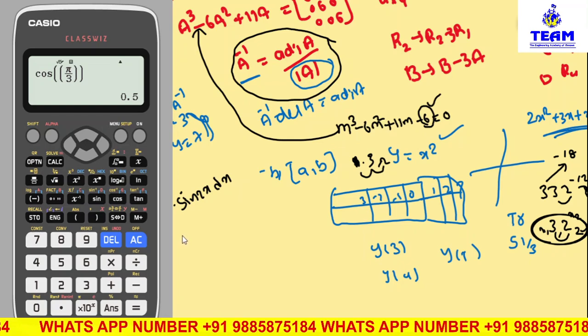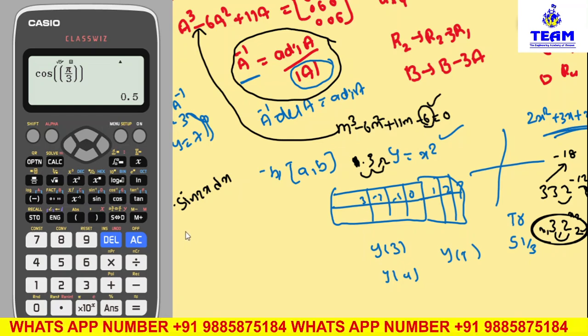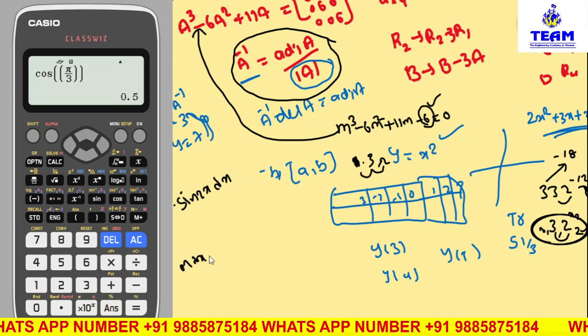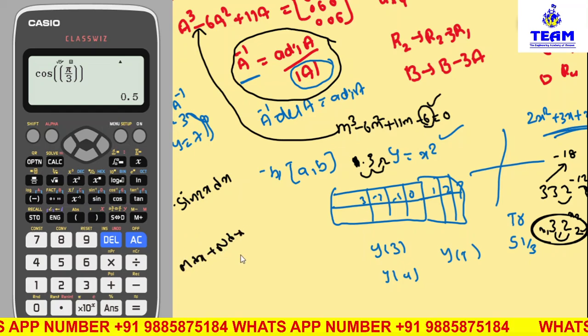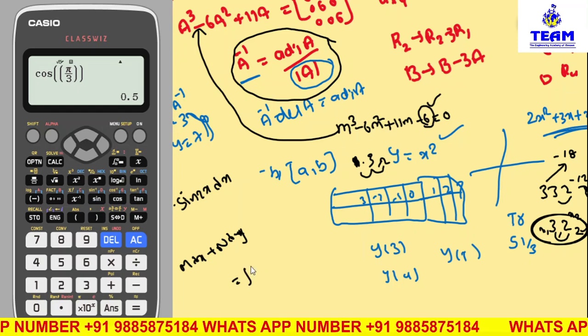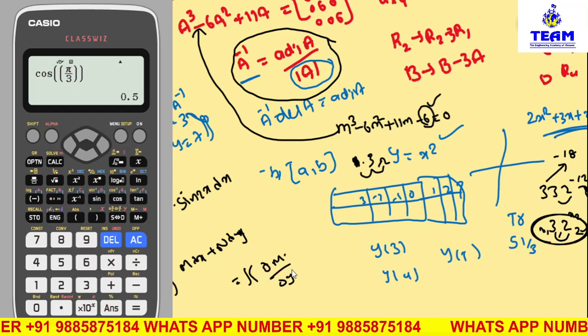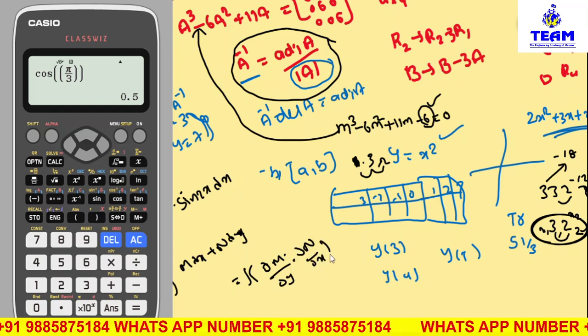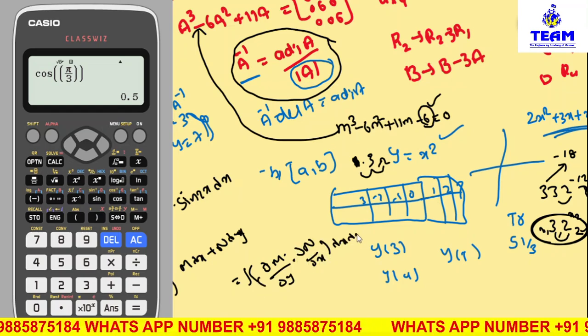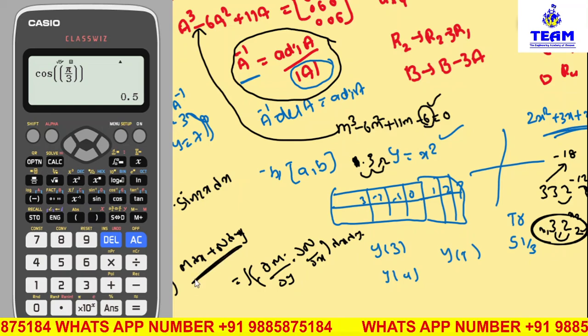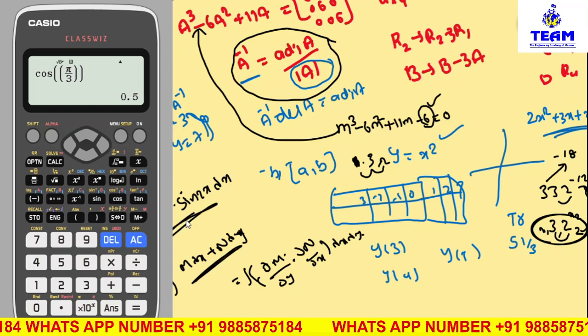In the integration theorems, we have Green's theorem: M dx plus N dy is equal to the double integral of dou M by dou y minus dou N by dou x, dx dy. So line integrals we can also do, friends, with the limits. This is if you consider it as a line integral.